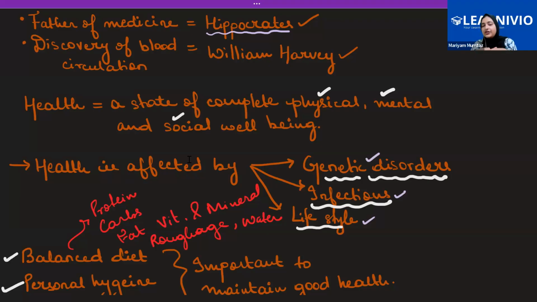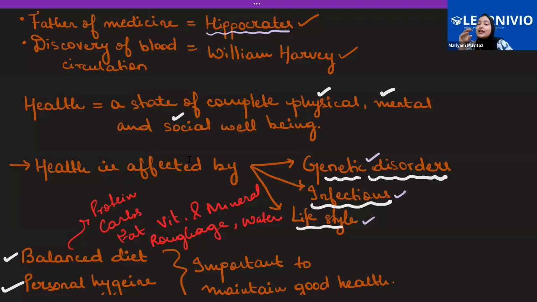Second, infections. Now, when a person is born and lives on the land for a period of time, slowly, every day we get exposed to pathogens and all the infectious stuff that is there in our surroundings. As a result, we get the infection, we get disease, and our health is compromised.